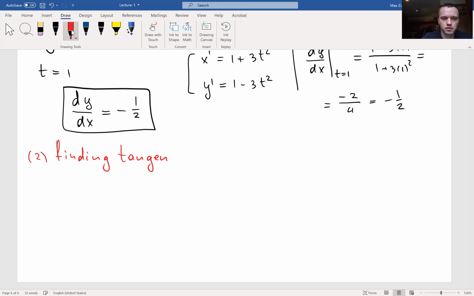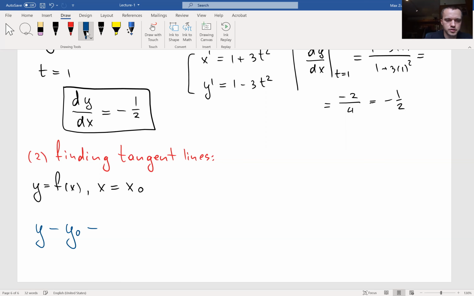So if we have a function y is equal to f of x, and let's say you want to find the equation of the tangent line when x is equal to x naught, then for that we just need to find all the unknowns in this equation, and the equation is the following: y minus y naught is equal to f prime of x naught times x minus x naught.